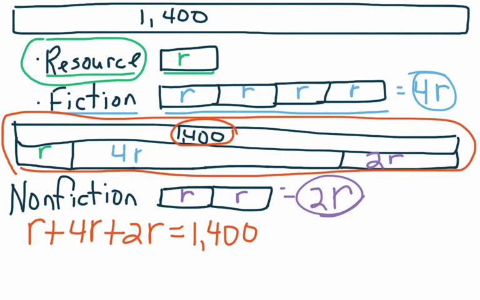If you had different variables here, you would not be able to add them together. So since they are all R, we have 1R plus 4R plus 2R. What is that going to give me? 7R. And we still equal 1,400.